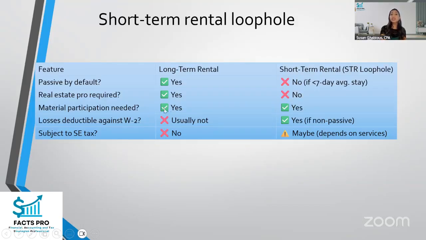Material participation needed: yes, and yes here for sure. Losses deducted against W-2: usually not for long-term rental, but yes for short-term rental. Subject to self-employment tax: we said no for long-term rental. For short-term rental, maybe, if you provide substantial service.